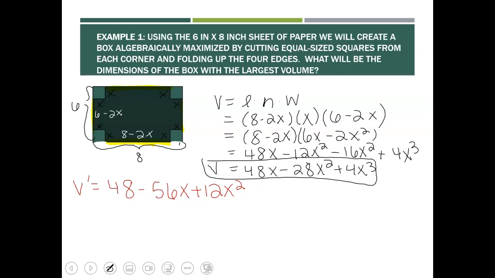Set the derivative equal to 0. They're all even, so you can take out a 2. And also all divide by 4. So you can take out 4 to at least get your numbers smaller.